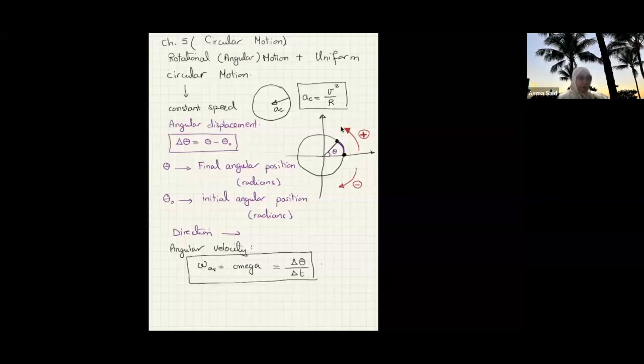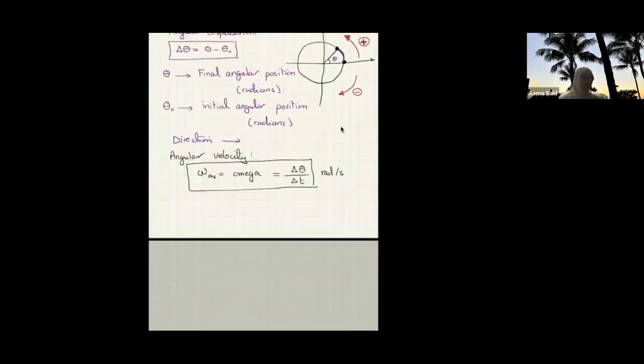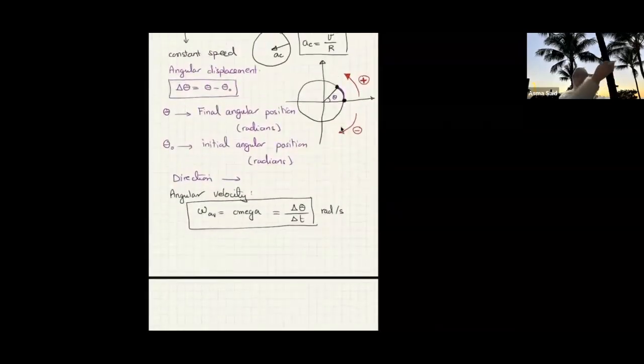And of course, this should have a unit of radians per second. And again, it has the same kind of notation for the rotation. When it is moving clockwise, it's gonna be negative, counterclockwise, it's gonna be positive.